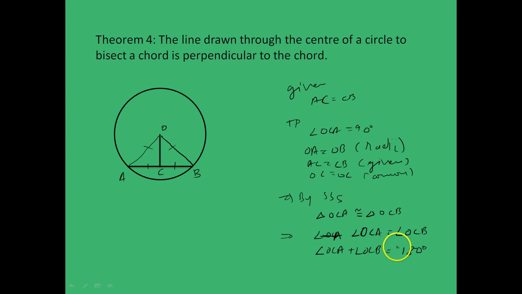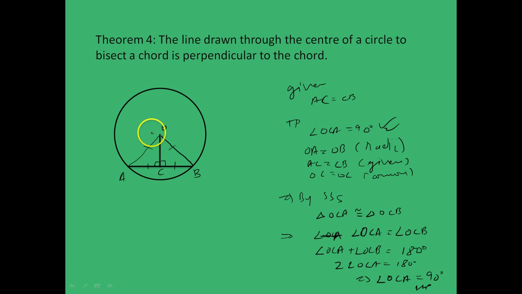Now replacing angle OCB by angle OCA, we get 2 angle OCA is equal to 180 degrees. This implies angle OCA is equal to 90 degrees. Hence proved. And because angle OCA is equal to angle OCB, we have angle OCB also 90 degrees. So we have proved theorem number 4 also.